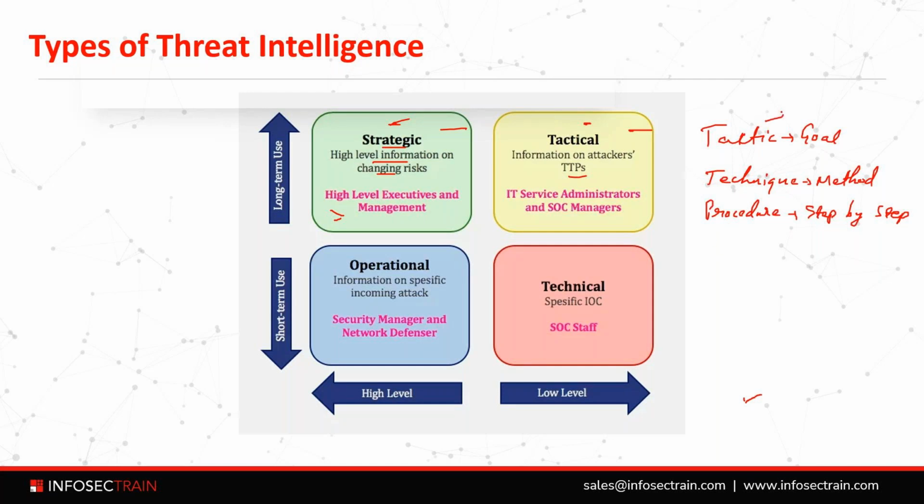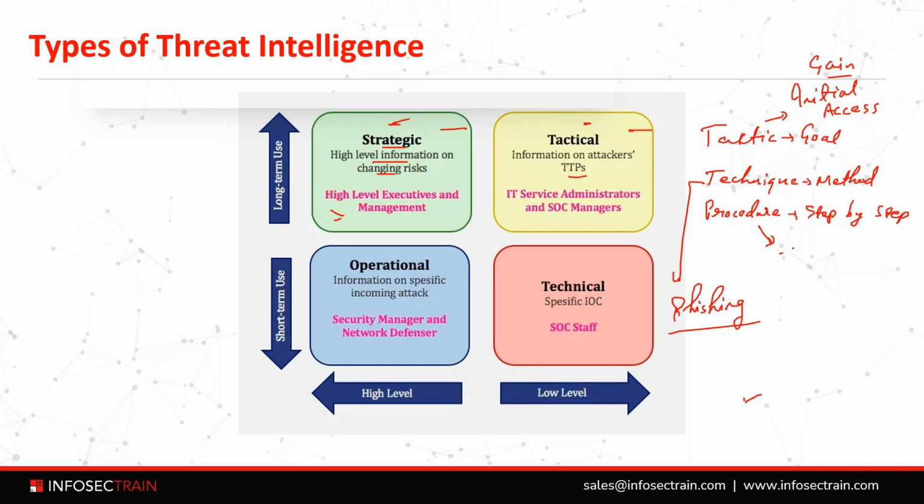For example, your goal is that you want to get initial access into someone's system. That is your tactic. Technique would be how we can achieve that: phishing email. So we can write phishing in the technique. Procedure would be how you are going to do that, step by step.